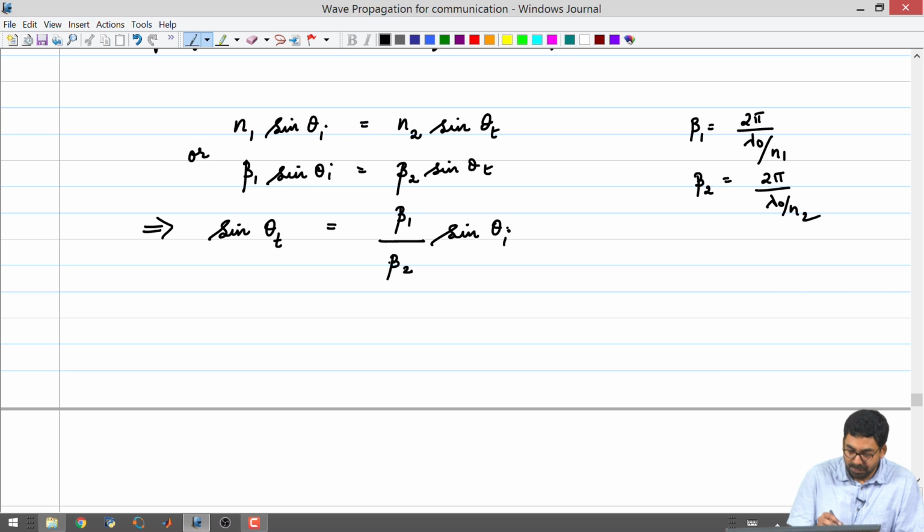Now, if you tune your incident angle to be in such a way that sin theta t is equal to 1. So, the left hand side is equal to 1. That angle of incidence is known as the critical angle for a given material interface system. Okay.